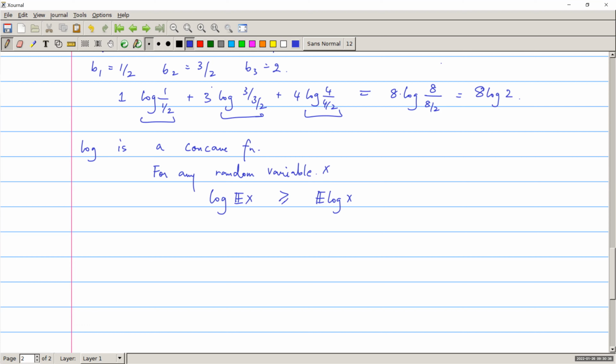Very good, so this will be the inequality. The only thing now is to make up a random variable and a probability distribution so that we have the form that we want.